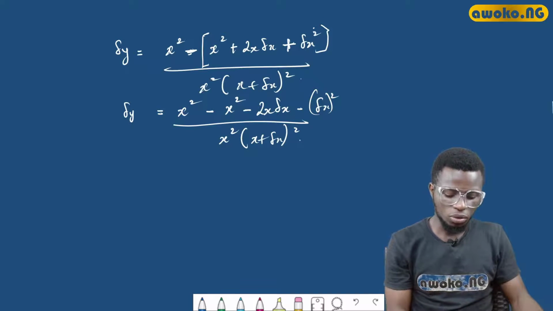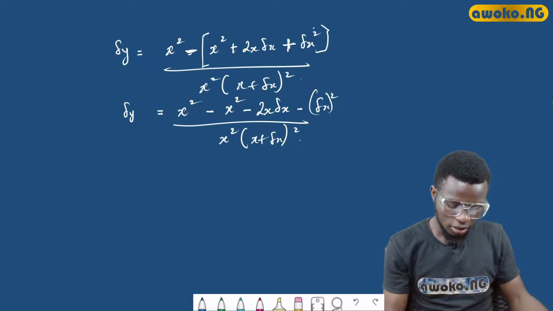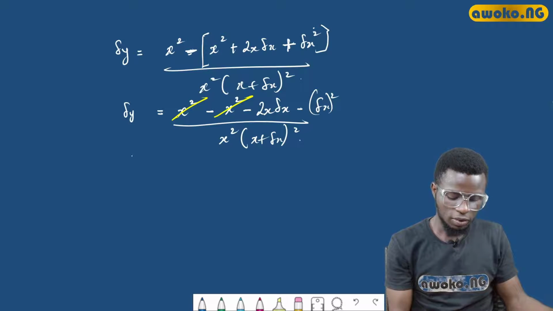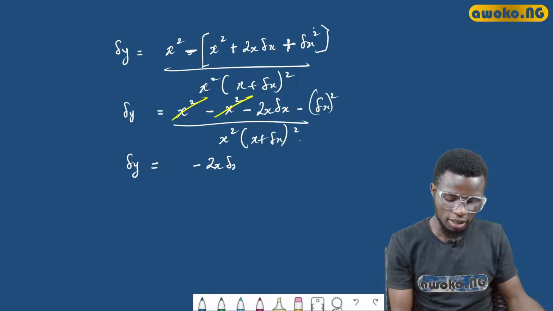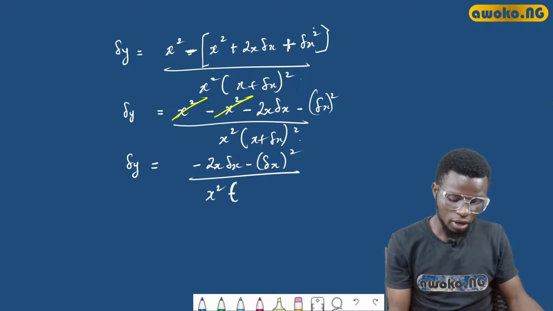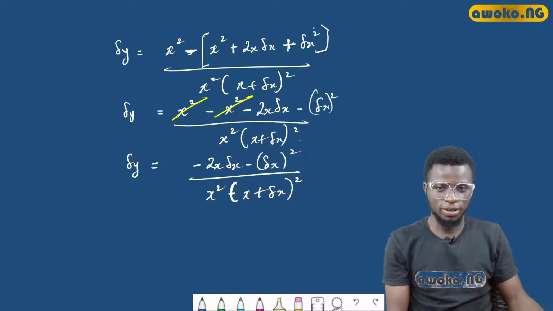And if you do this, you would have that x squared will cancel out. We have dy is equal to minus 2x dx minus dx all squared, all over x squared into bracket (x plus dx) all squared.